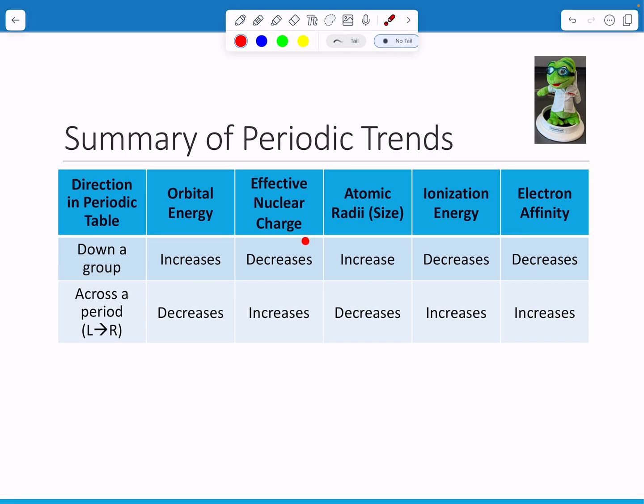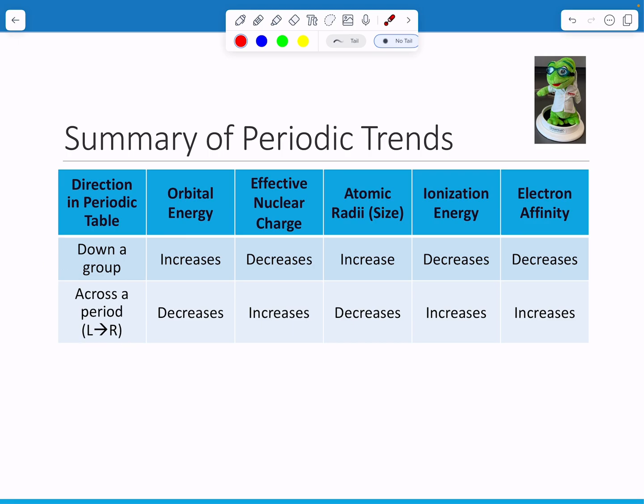Our effective nuclear charge is going to decrease because we have more of those inner electrons, which means our atomic radii is going to increase, because if you have a low effective nuclear charge, the electrons that are farthest out have less of an attraction to the nucleus. Our ionization energy is going to decrease. It's going to be easier to lose electrons, and our electron affinity is going to decrease as well. These two kind of go in concert with one another. All right, so that's down a group.